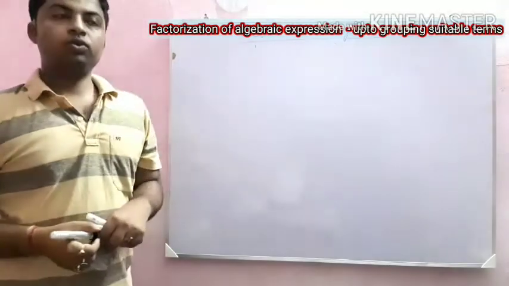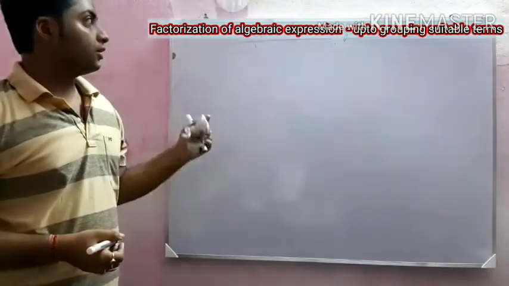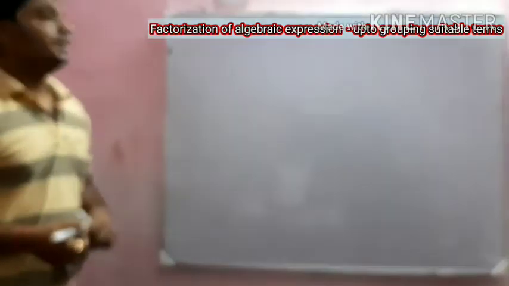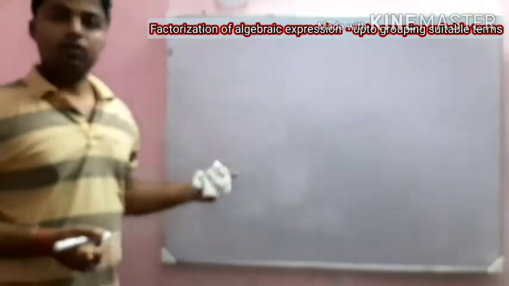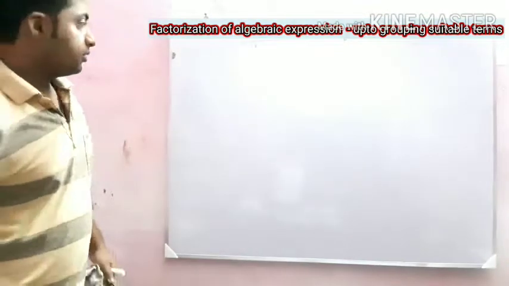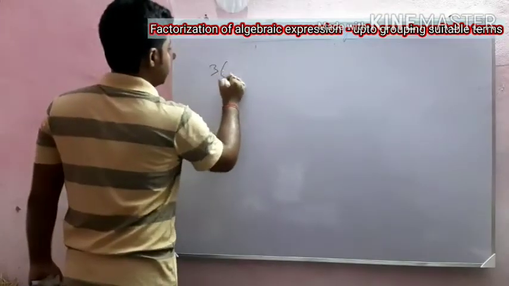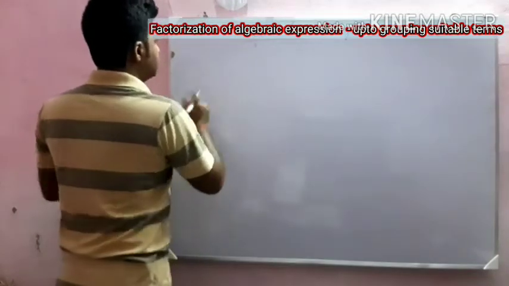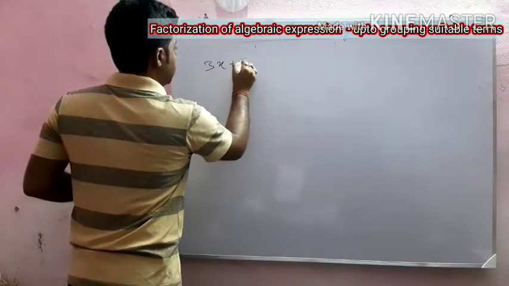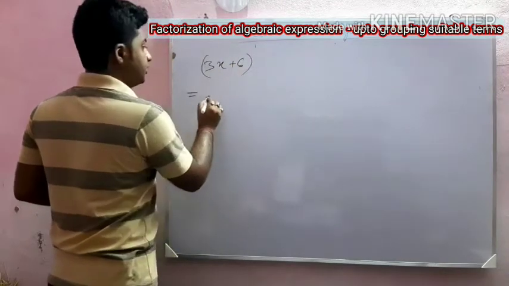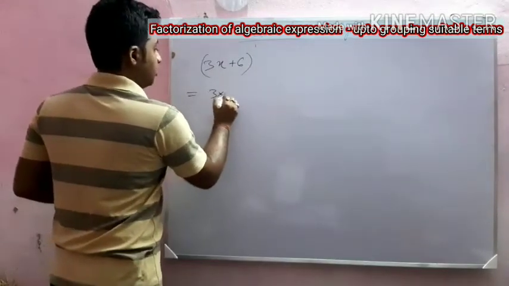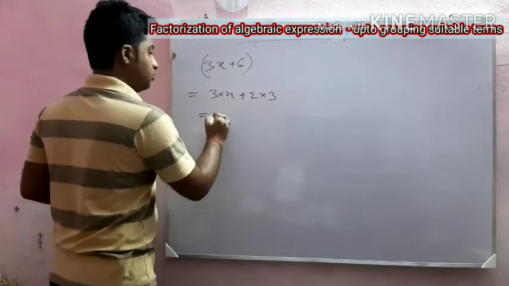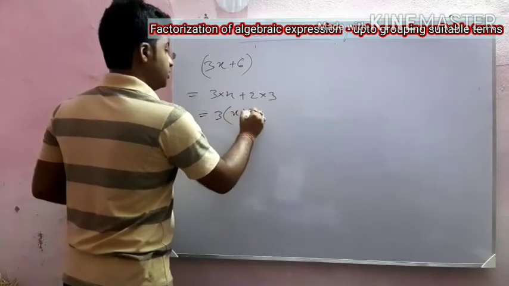Now I am going to show you one interesting thing about factorization. After that, I think you can easily relate this chapter with your previous knowledge. I have just calculated the factors of this algebraic expression, right? I have taken the common term 3 out and the result was this.